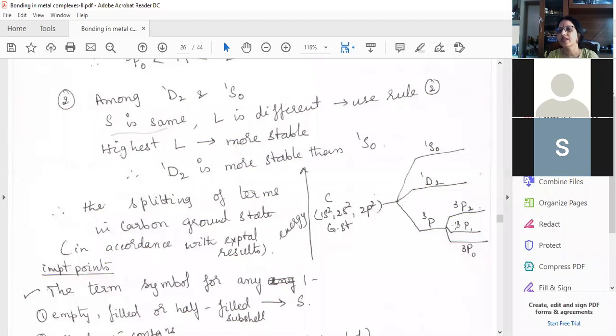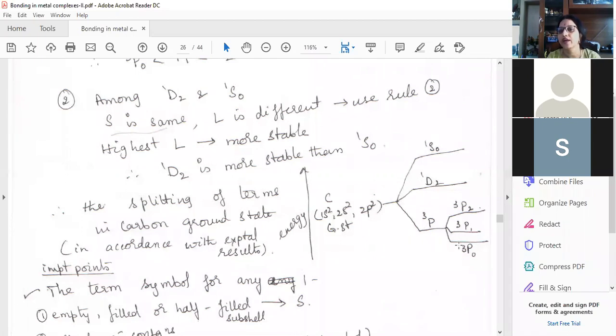Again, this is split into 3 levels because of 3 different J values. Since J takes the lowest value for a less than half filled configuration, we have triplet P0, then triplet P1, then triplet P2. Above these comes singlet D2, then singlet S.